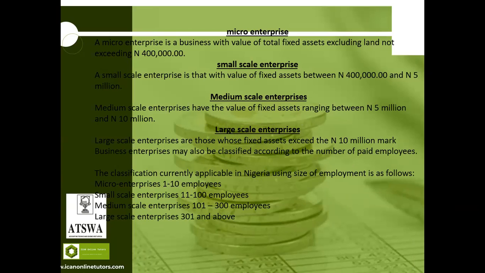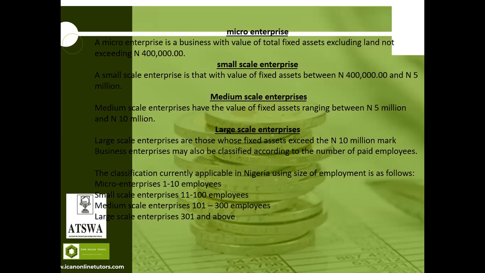A micro is a business organization in which the value of total fixed assets, in accounting now, we call it non-current asset. A micro enterprise is a business with the value of total fixed asset, excluding land.